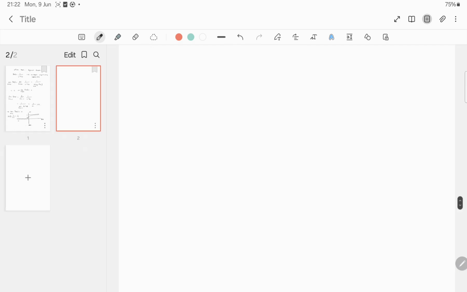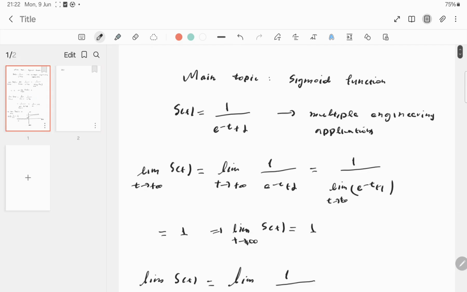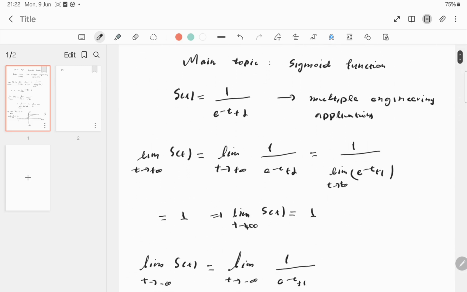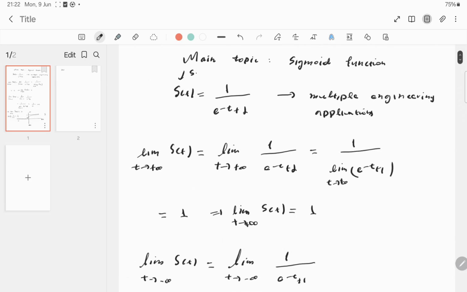Another property that we can study is the derivative of the function. You see here it makes a sigma and an s, so that is why we call this the sigmoid function.